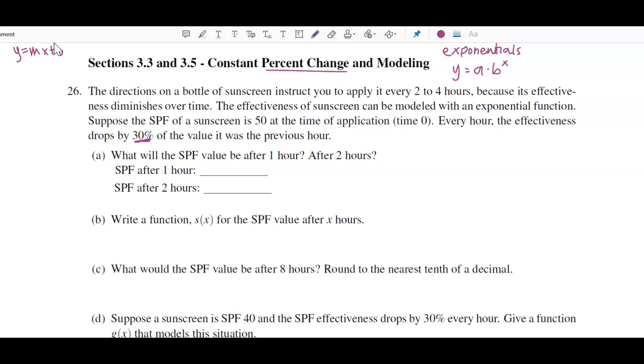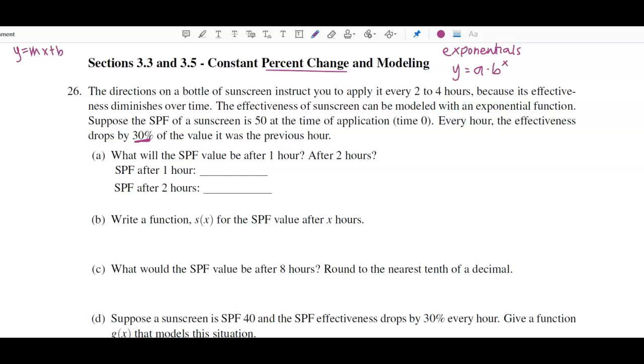And you can use that to be able to write any of these story problems in that form. Okay. So first of all, let's read through that and make sure we know what we're looking at here.